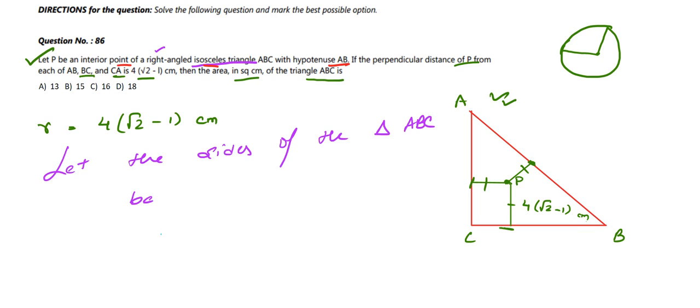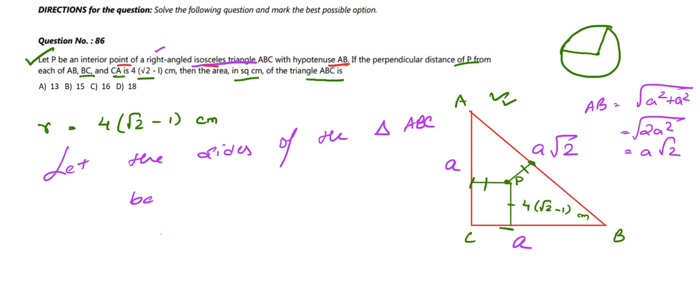So let the base and perpendicular be a and a. Using the Pythagoras theorem, AB will be √(a² + a²), which is √(2a²), so a√2. So the sides to be assumed are a, a and a√2. So we have assumed our three sides.